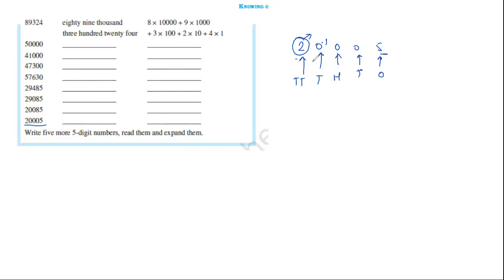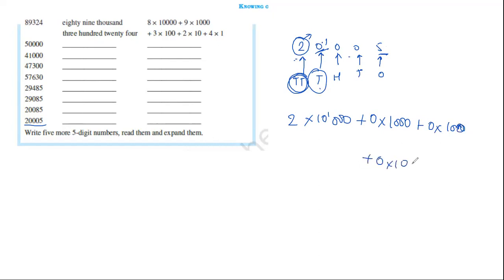How will I write it? 20,005. Right? And in place value form, how will I write it? Because he's saying 10,000, I'll write this as 2 into 10,000. And here it is saying 1,000, but because it is a 0, if you want, you can write it, otherwise the hundreds place will come, then the zero's place by 10 will come, and then 5.